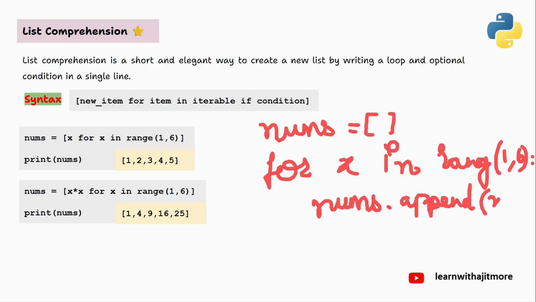And इसको पास क्या करोगे? x into x. ठीक है? लास्ट में देखोगे nums में क्या रहेगा, 1 से लेके 5 तक का स्क्वायर.